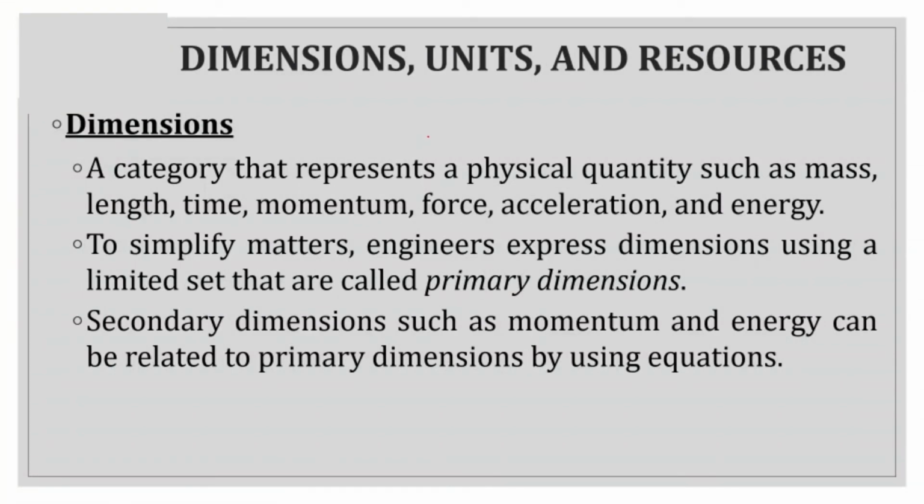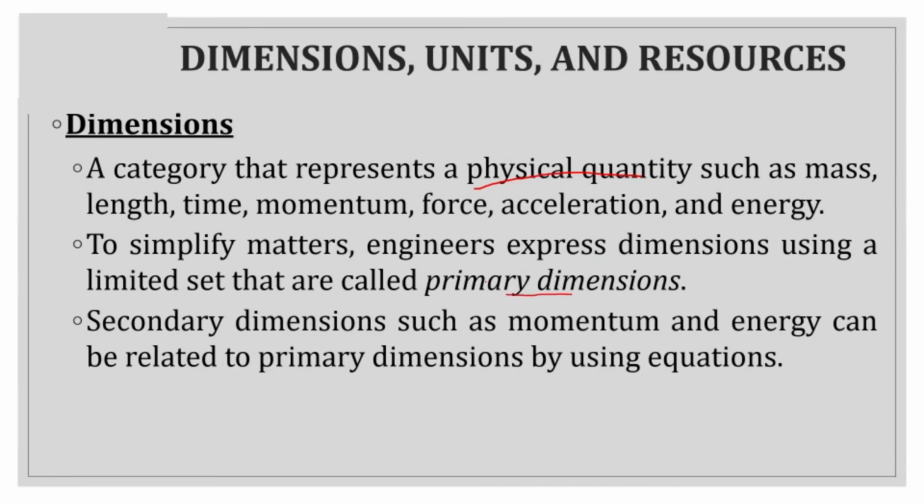So let us define what a dimension is. A dimension is a category that represents a physical quantity, such as mass, length, time, momentum, force, acceleration, and energy. To simplify matters, engineers express dimensions using a limited set called primary dimensions.